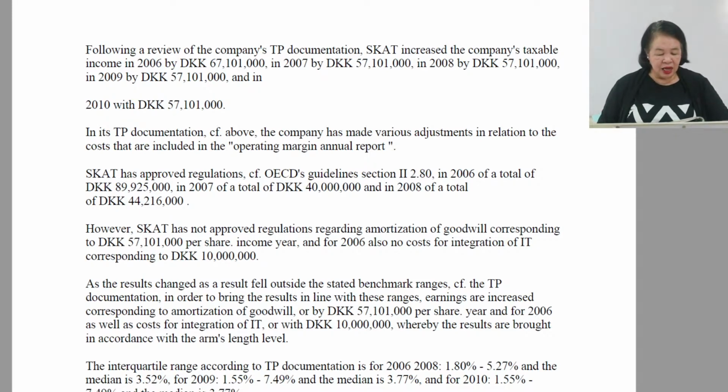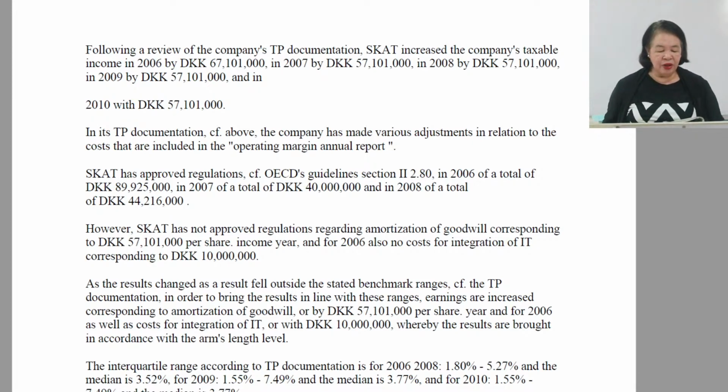SCAT has approved regulations of OECD's guidelines, section 11.2.8 in 2006, of a total of 89,925,000, in 2007, of a total of Danish krone 40 million, and in 2008, a total of Danish krone 44,216,000.